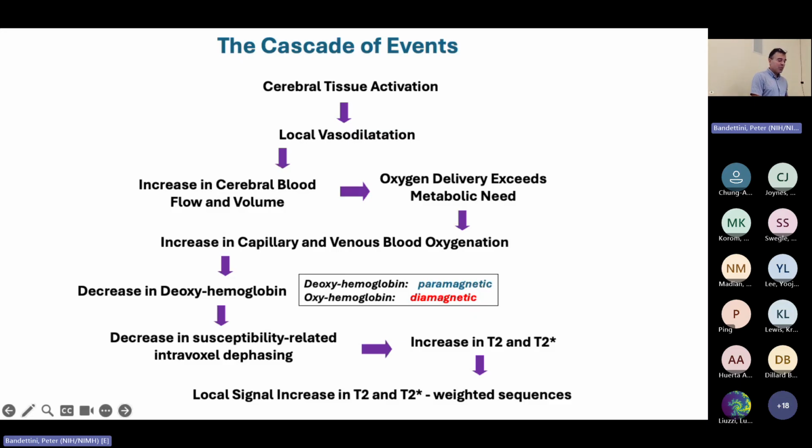Increase in capillary venous oxygenation decreases the amount of deoxyhemoglobin, which is paramagnetic versus diamagnetic. And that decreases the amount of susceptibility-related intervoxel dephasing, which then increases T2 and T2 star, and that causes a signal increase in pulse sequences that are T2 or T2 star weighted. T2 star is transverse magnetization, essentially. I'll get into that a little bit later too.